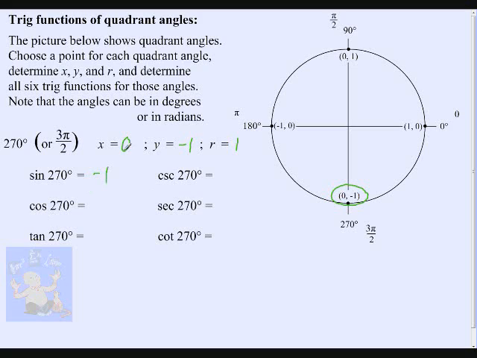The cosine, x over r, is going to be 0. Tangent, y over x, oops, undefined. Cosecant, the reciprocal of this, is still negative 1. Reciprocal of 0 is undefined. Reciprocal of undefined is a 0. Is that interesting?